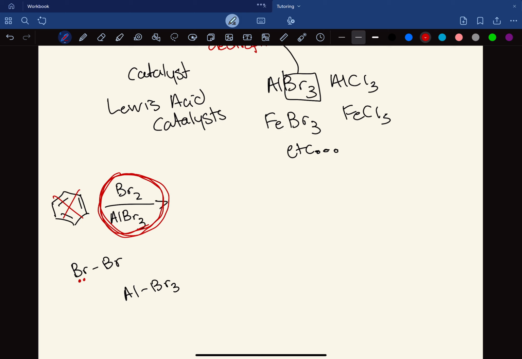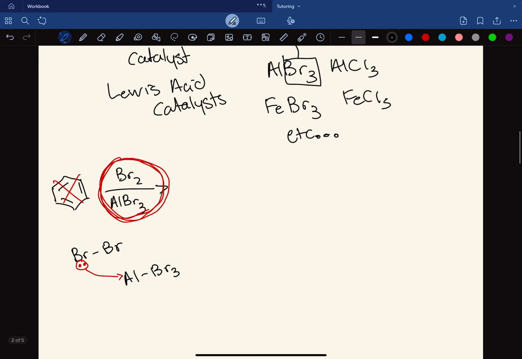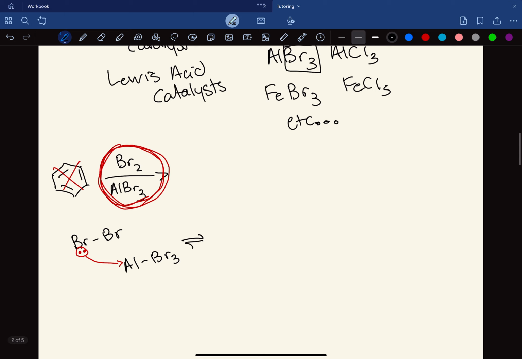So a lone pair on one of the bromine atoms will attack the metal of our Lewis acid catalyst, and this will create a reversible reaction. It will create a bond between both molecules, and this bond is not very stable because our bromine right here has more bonds than it wants to, so it's going to have a positive charge.